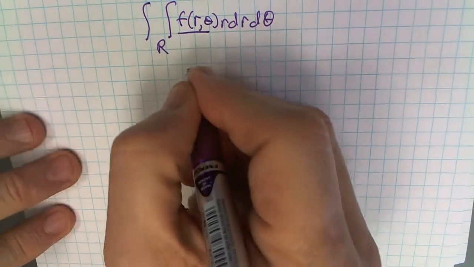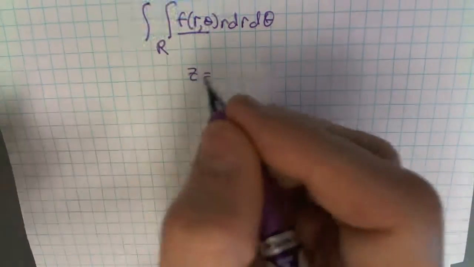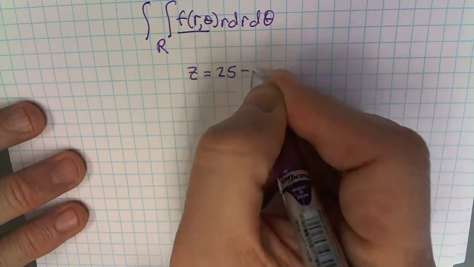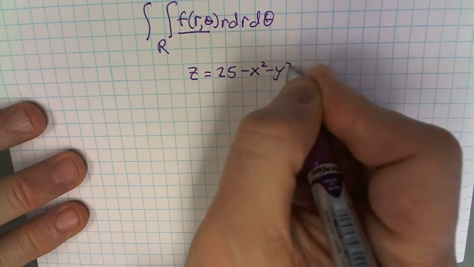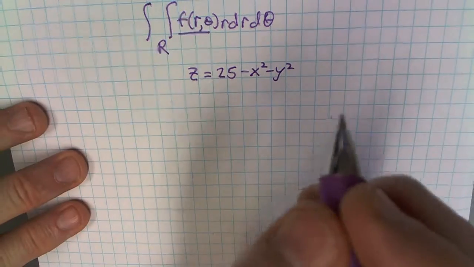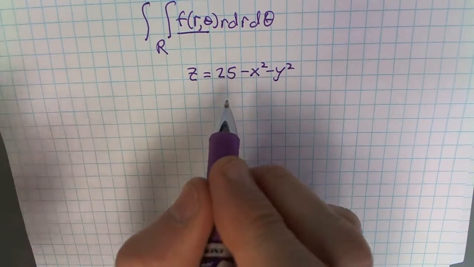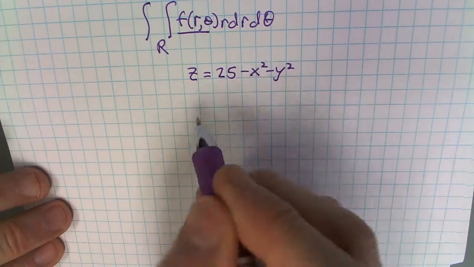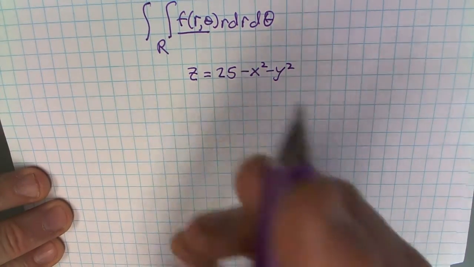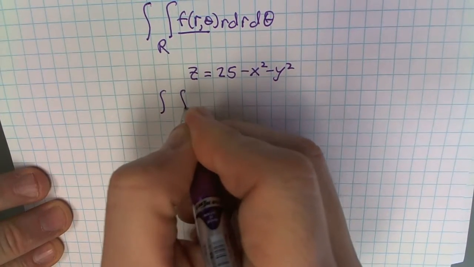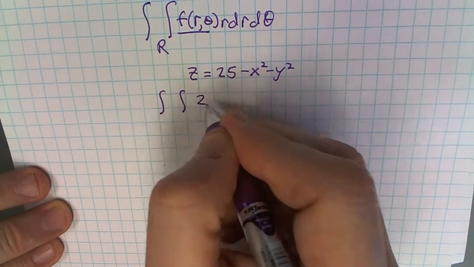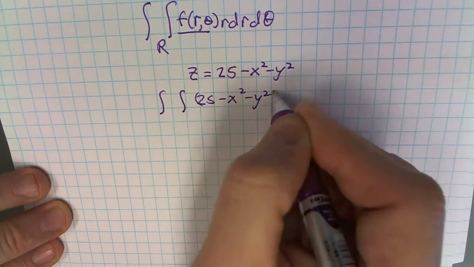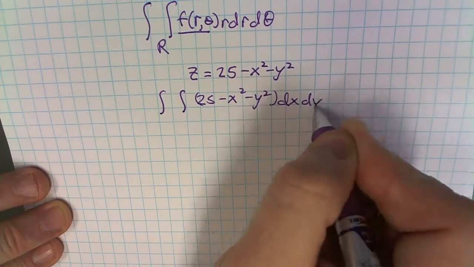Let's suppose that we want the volume, and we'll just limit this to the first octant under this surface, 25 minus x squared minus y squared. We just want the volume bounded by the xy plane and this surface just in the first quadrant. Now, if we set this up the old way, we're going to have 25 minus x squared minus y squared, and I'll just do dx dy.